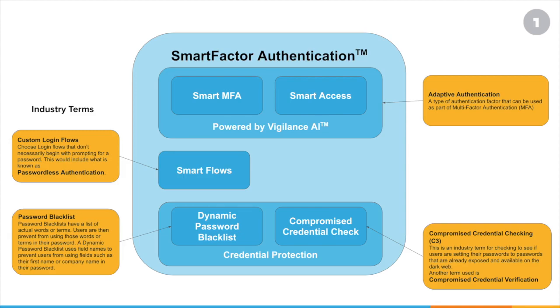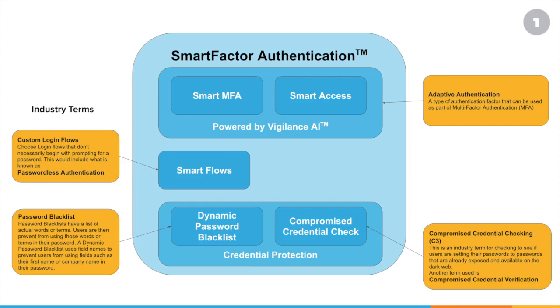Smart flows give you the ability to choose custom login flows, such as a passwordless login flow that does not even prompt for a password, or a brute force defense flow that prompts for MFA before it prompts for a password.